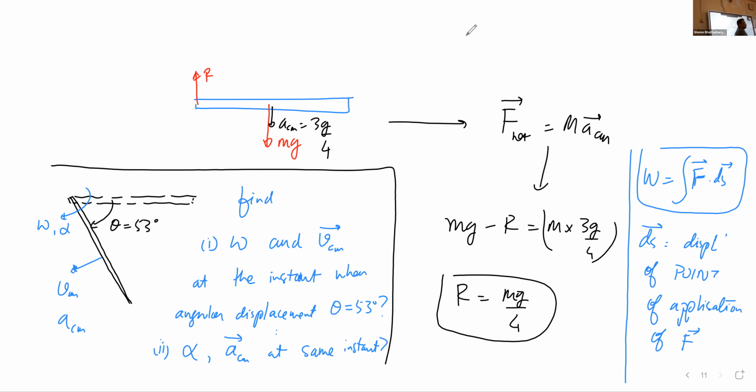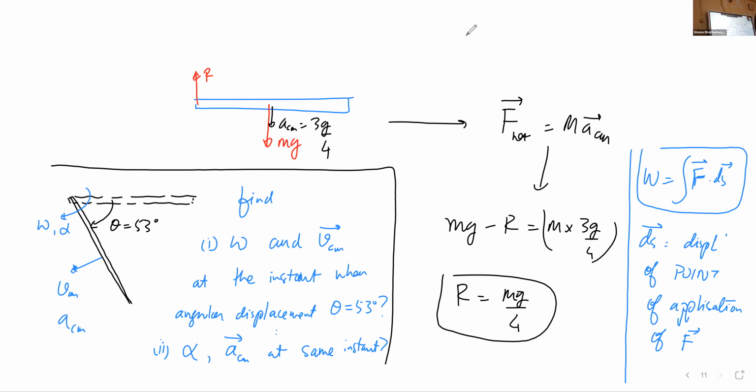It's not the displacement of the center of mass of the body on which the force is acting. In particle dynamics, it will not make a difference. A particle is a single point, so wherever the force is acting, that's the same point as the particle itself. But in rigid body dynamics, it makes a difference.